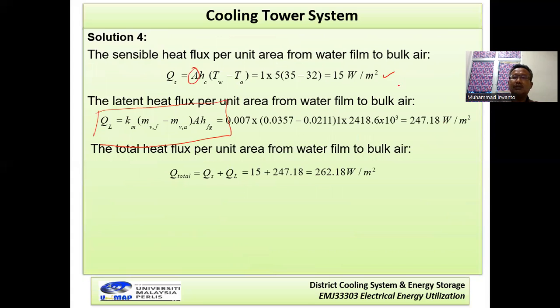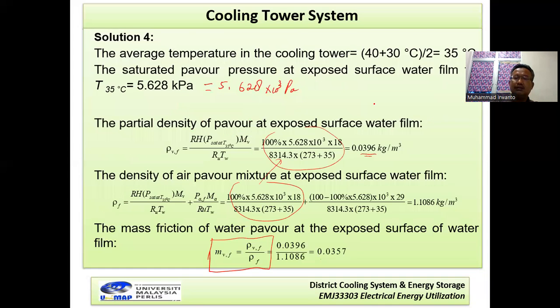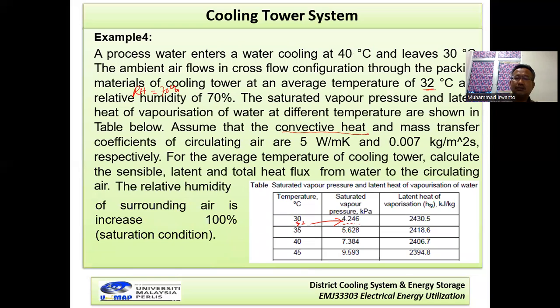The last result is 247.818 watt per meter squared. HFG is 2401.6 multiplied by 10 to the power 3, which we can obtain from here for the latent heat of vaporization at 35 degrees Celsius.